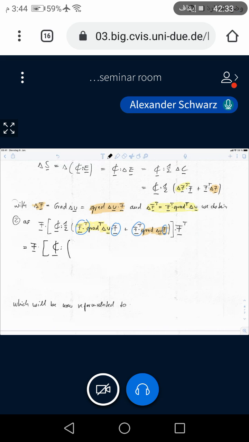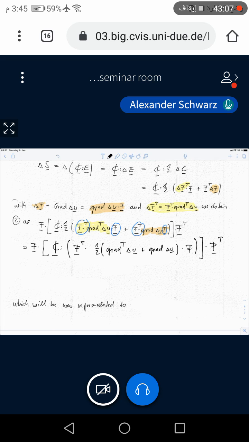again another bracket. That means here on the left I have an F transposed times, and then here 1/2 of something which is left. In this case, this is the gradient transposed of delta u, plus the gradient of delta u, and on the other side the other F remains, and outside another F transpose is remaining.